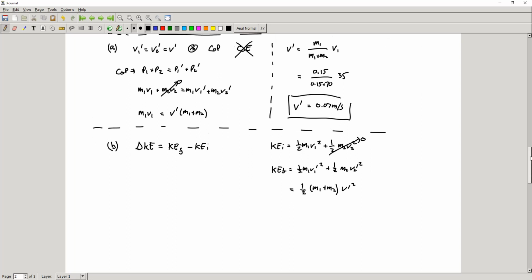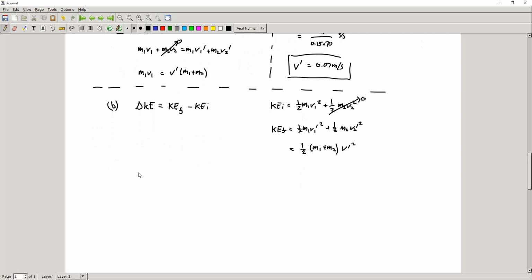And so now we can substitute in our final kinetic energy and our initial kinetic energy into our change in kinetic energy formula, and we're going to end up with the change in kinetic energy is equal to our final kinetic energy minus our initial kinetic energy. And at this point, again, we're ready to substitute in numbers, right? So we end up with 1/2 (0.15 plus 70) times 0.07 squared.